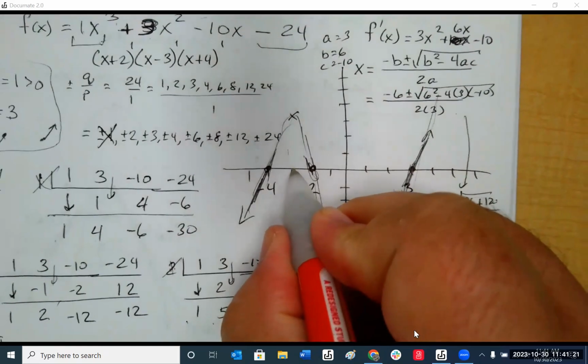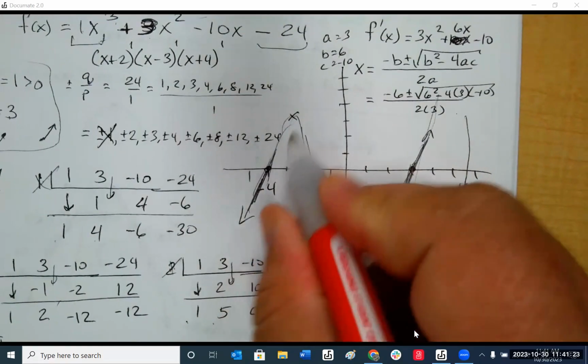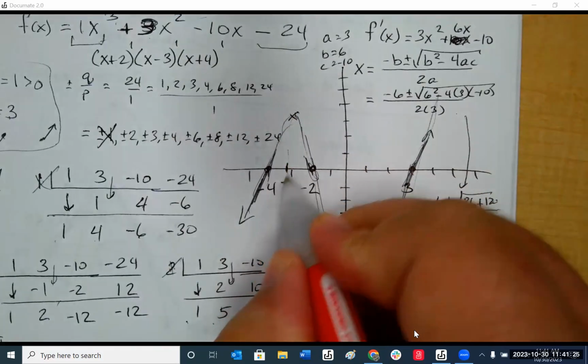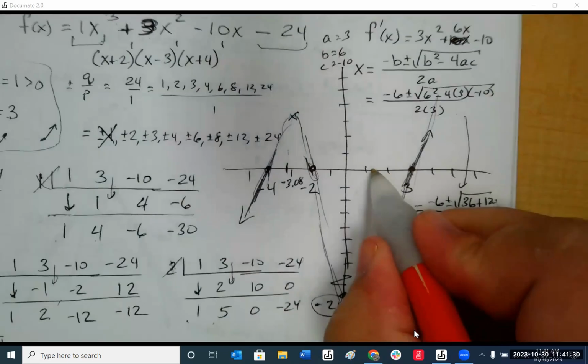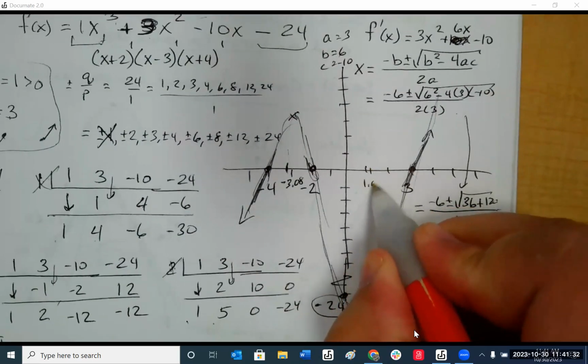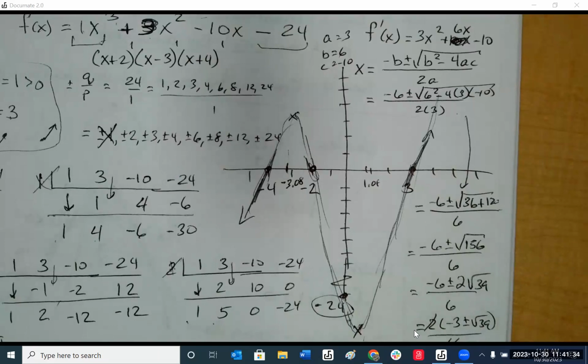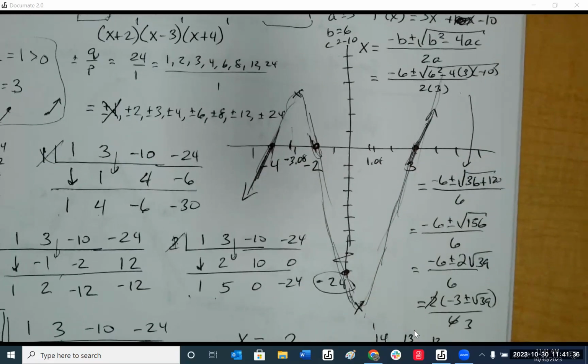So -3.08 is right there, and 1.08 is pretty much where we expected it to be. It's a pretty close estimate. So once we find the x-intercepts, we find the vertices and connect them.